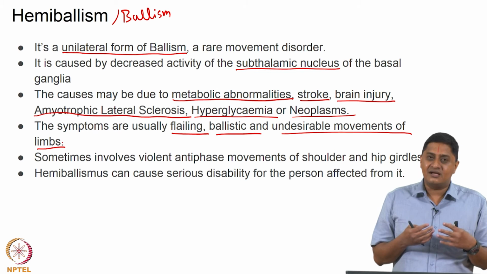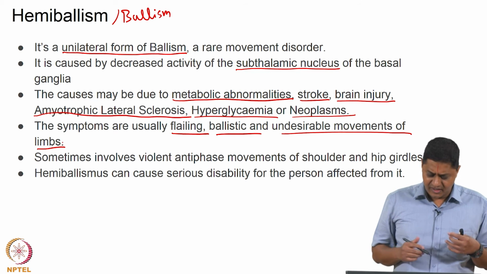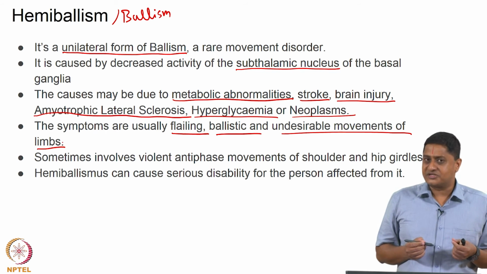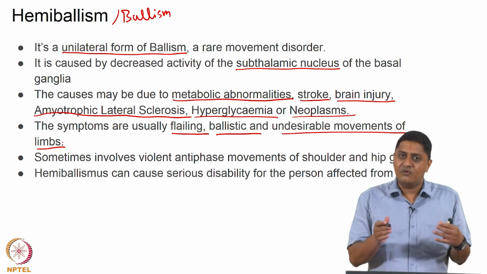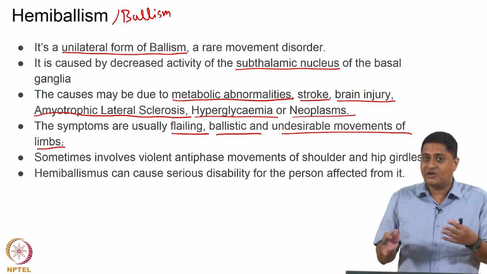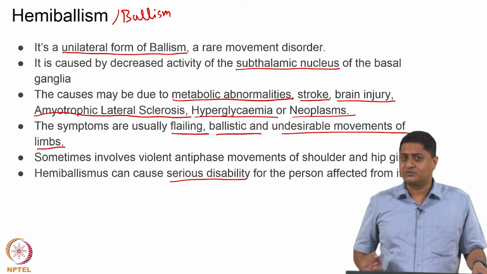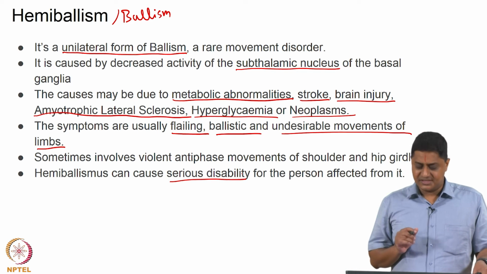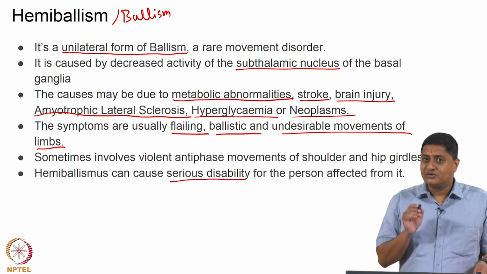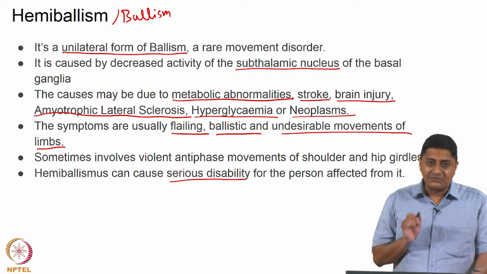This leads to a very violent, unwanted and difficult disability for patients. Of course, in the movies this is fun to watch, but in the lives of people this is really horrible, because all the time they have to go through this. It causes serious disability for the person affected by this disease. Why is this happening? Once again, due to death of neurons in the subthalamic nucleus.